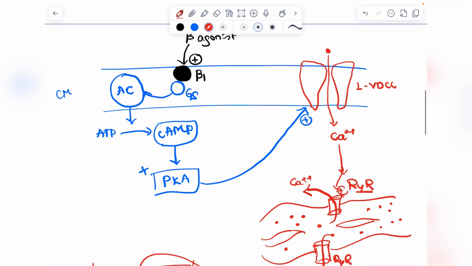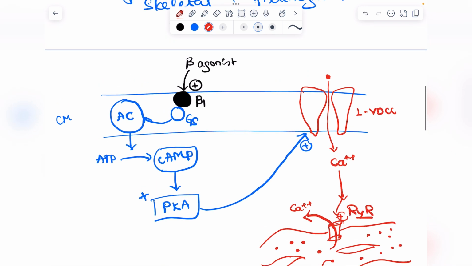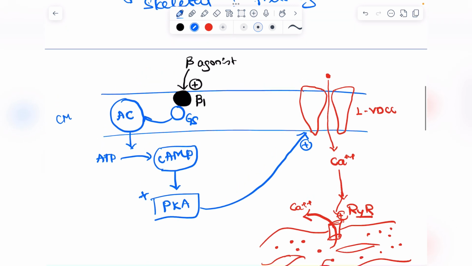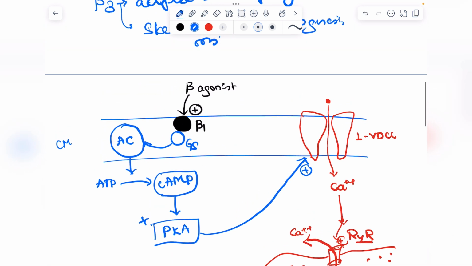Those drugs which stimulate beta 1 receptors will stimulate calcium entry, thereby increasing the force of contraction. I hope you are understanding this. One more trick here is glucagon, which is secreted by the alpha cells of the pancreas. Glucagon will directly act on adenylate cyclase.